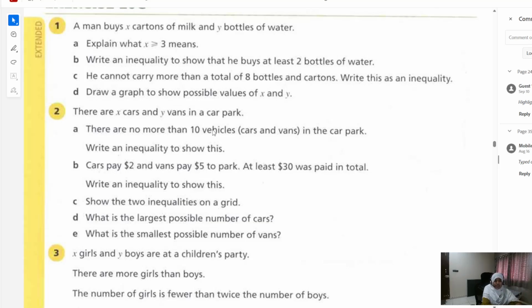So you see in this question, a man buys x cartons of milk and y bottles of water.